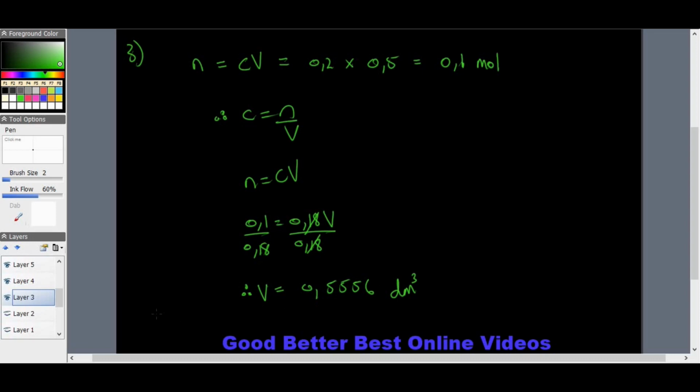So now we need to find the diluting volume of water. So the volume of water is going to equal 0.5556 minus 0.5. Now 0.5 was the original solution, to get the volume of water that we need to add.